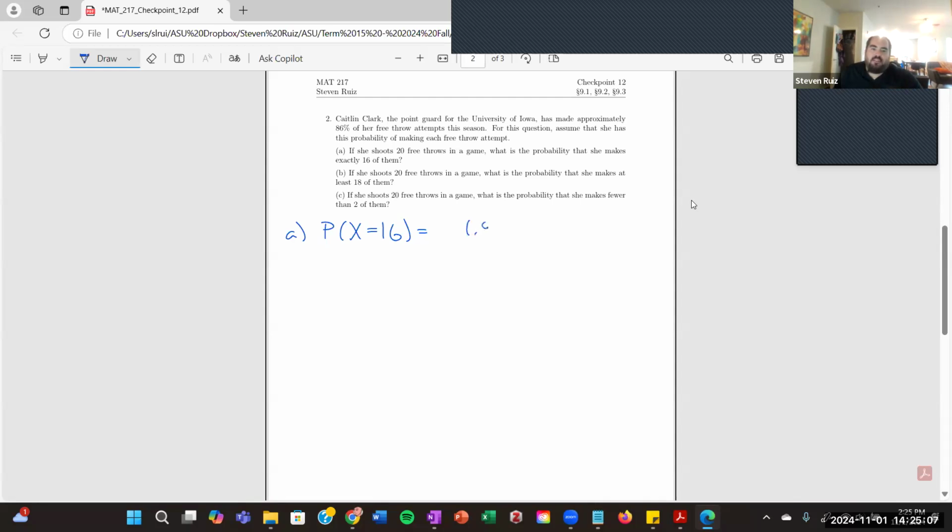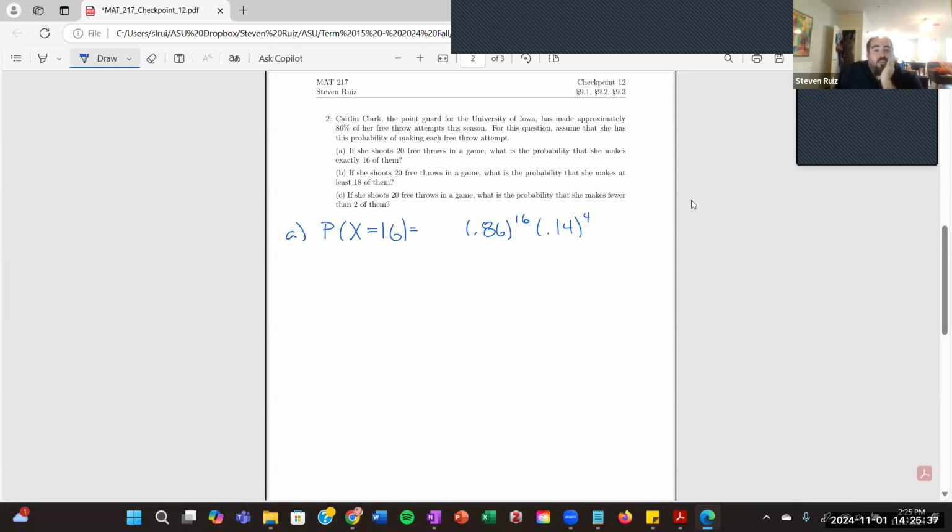The probability of a single success is 0.86. And how many successes do I need? I need 16 of them. What's the probability of a failure? So whatever 1 minus our success probability is, that's 0.14. And I need 4 of those. And I miraculously left no room for this again. I keep forgetting what notation you all are used to with combinations.